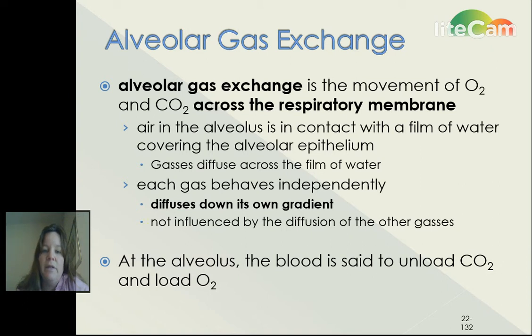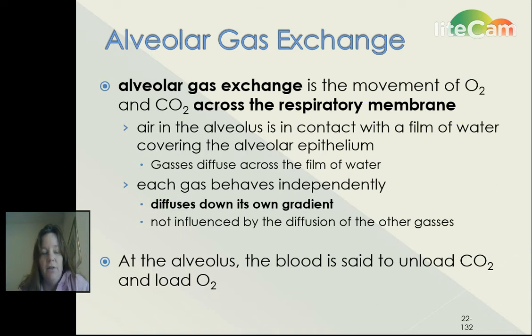There's also a little bit of water covering the alveolus, and that's another part of this gas exchange, the gas has to go through the film of water as well. So if you look at the direction that these gases move, they will move down their concentration gradient.